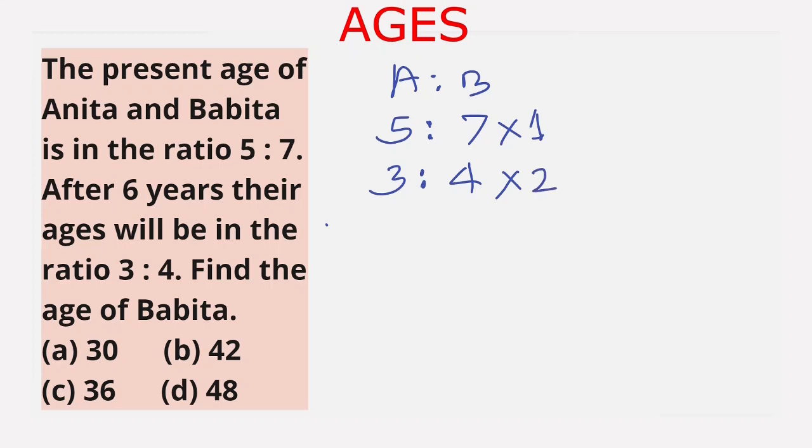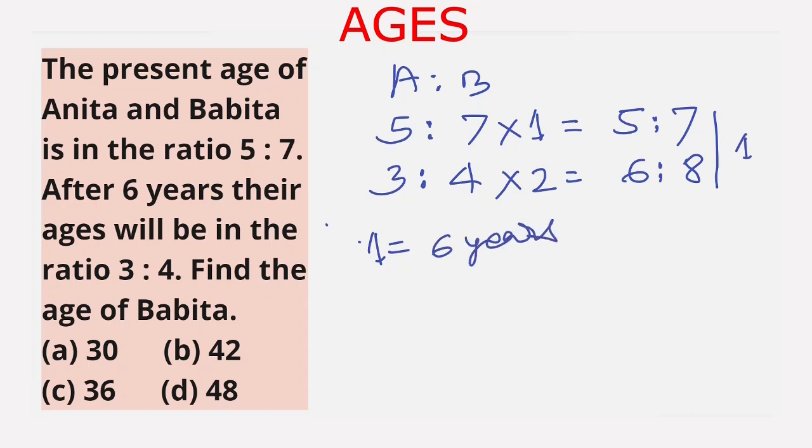So what I get: 5:7 multiplied by 1 is 5:7, while 3:4 on multiplying by 2 we get 6:8. Now both have equal difference. 5 and 7 has difference 2 and 6 and 8 has difference 2. Now this difference of 1 is equal to 6 years given to us.